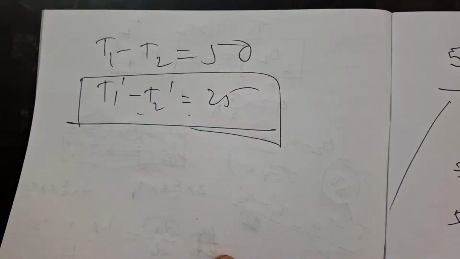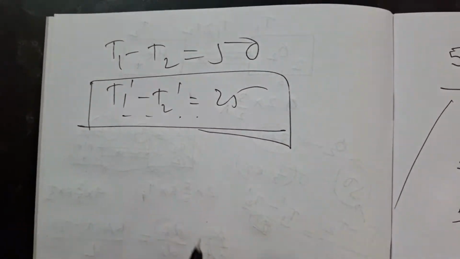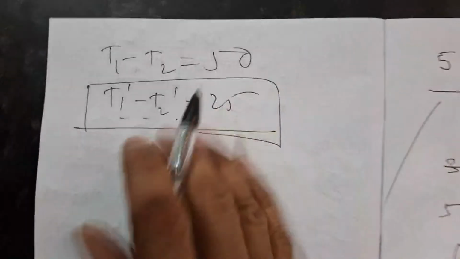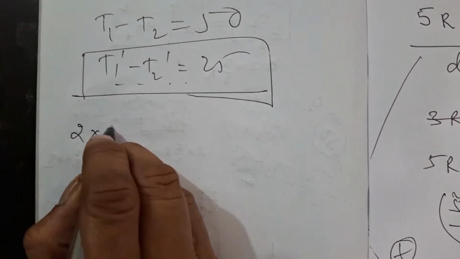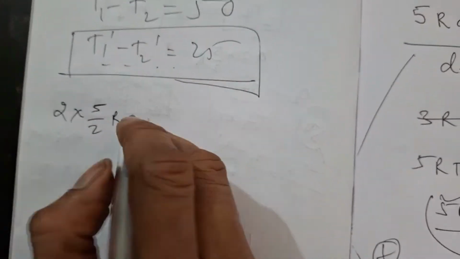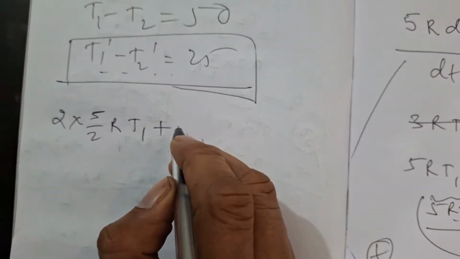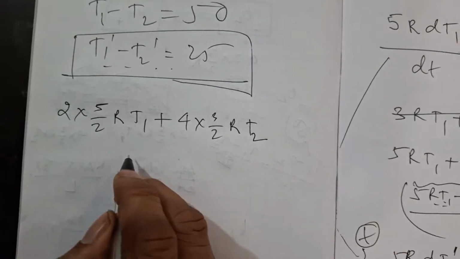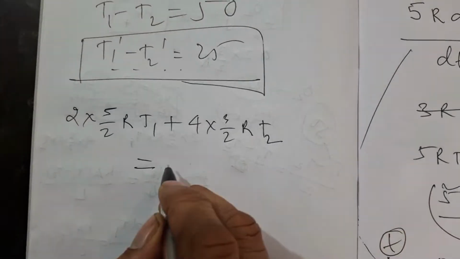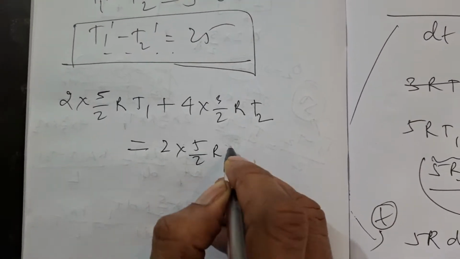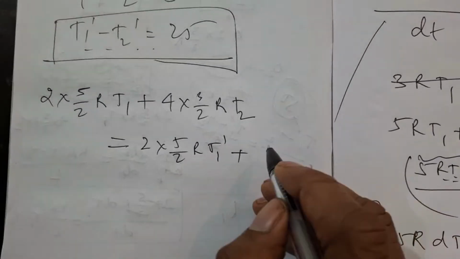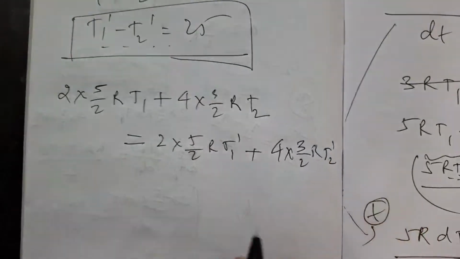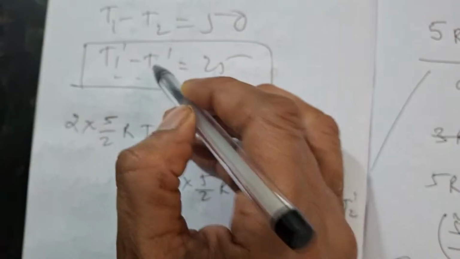Now please solve. This is the first equation, and another equation we already found. See, n CV dT plus n CV dT equals n CV dT plus n CV dT. So please eliminate T2.